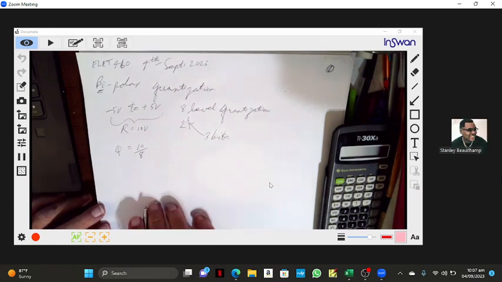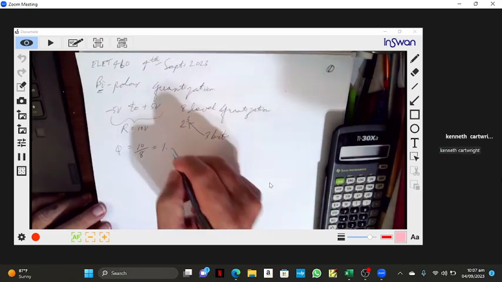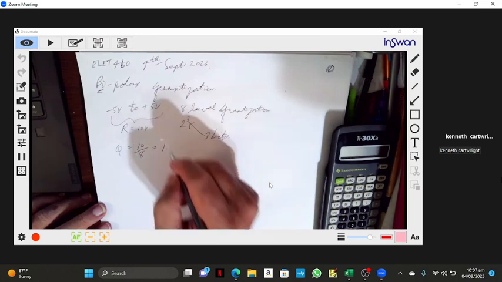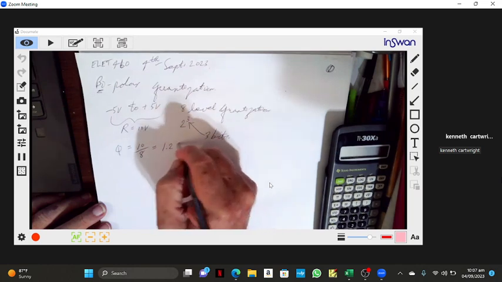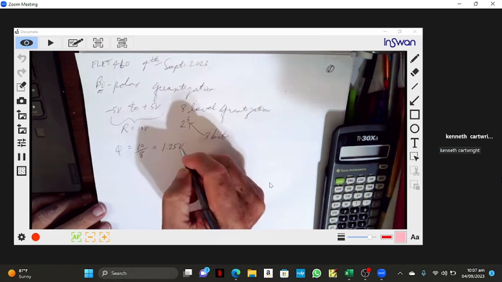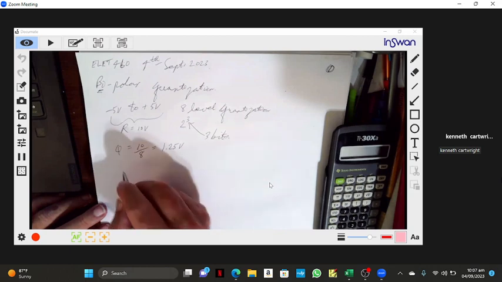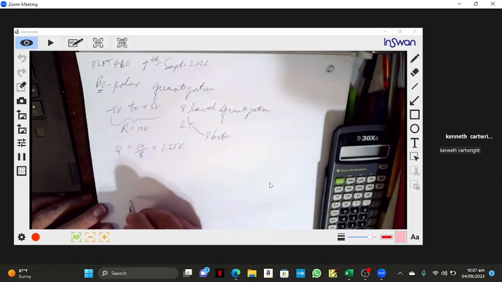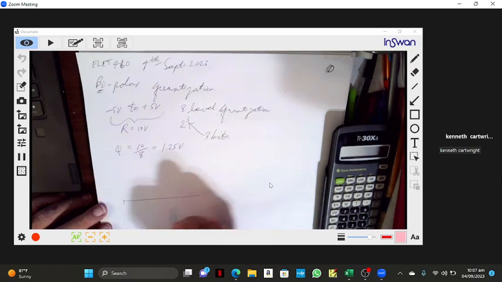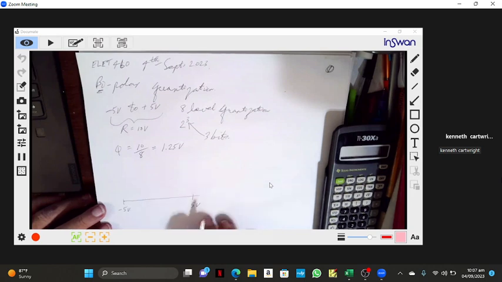Yeah. Okay. And that's 1.25. So let's show that on a diagram. So this would be -5, and this would be +5.